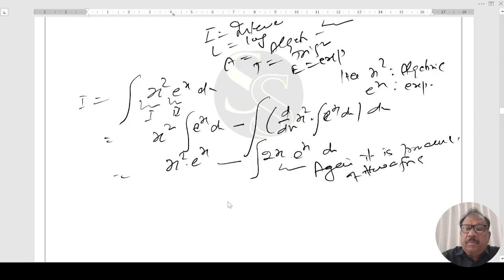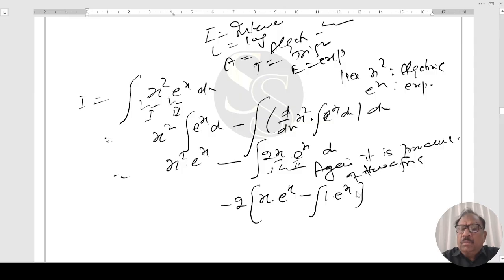So by parts, with minus 2, this will be the first function, this will be the second function. First function, integration of second function e to the power x, minus differentiation of first function, 1, into e to the power x dx.